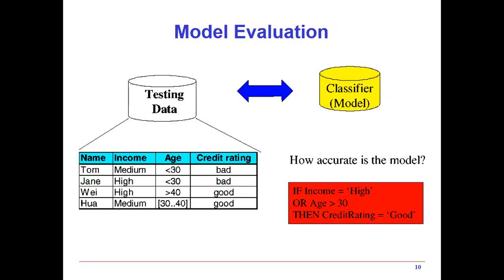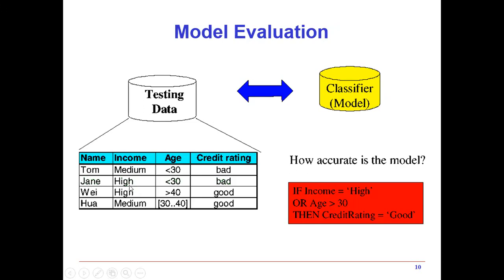Now we have to judge the performance of this model. We have to evaluate how accurate this model is. This is our generated model: income is high or age is greater than 30, then credit rating is good. To judge the accuracy of the model, we'll test this on the testing data. We'll check those rows where the income is high.